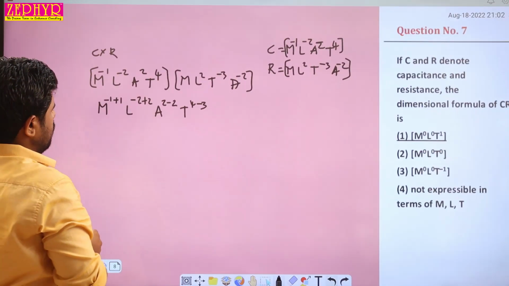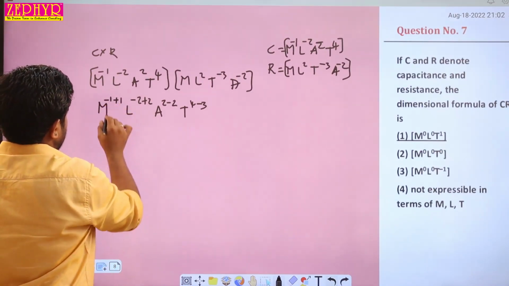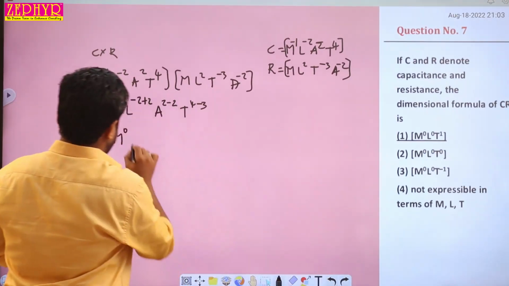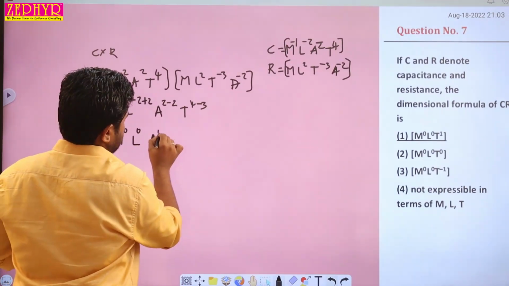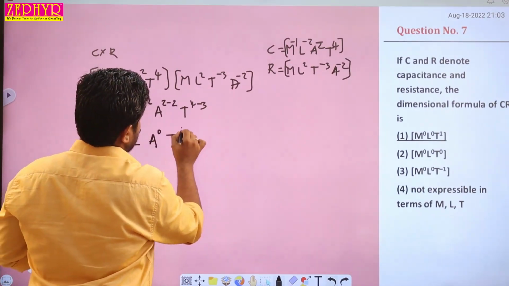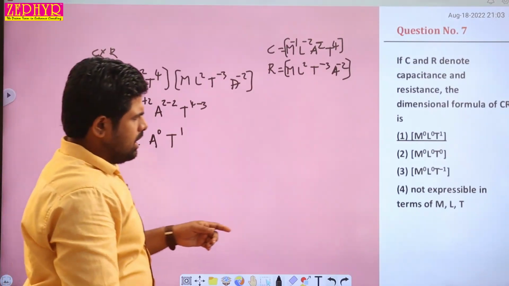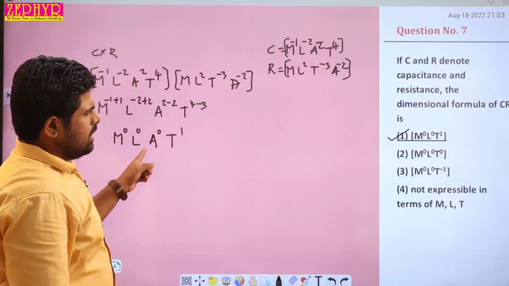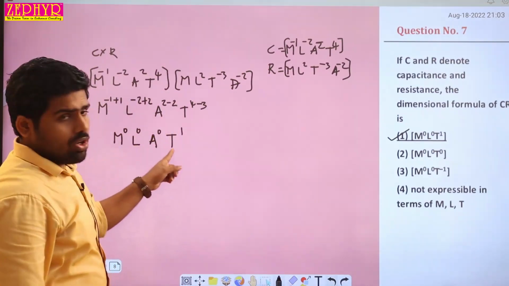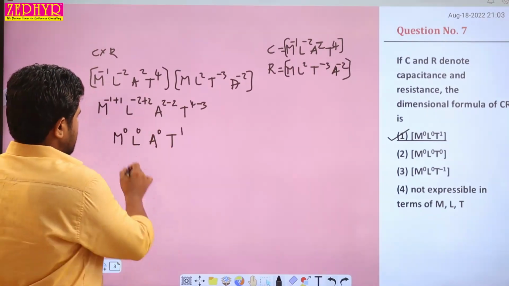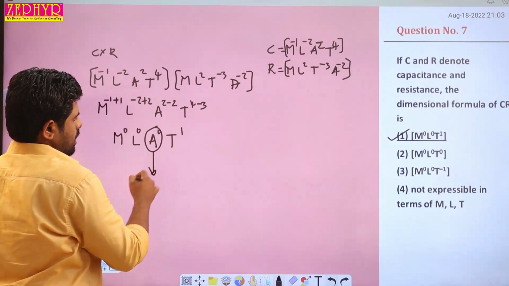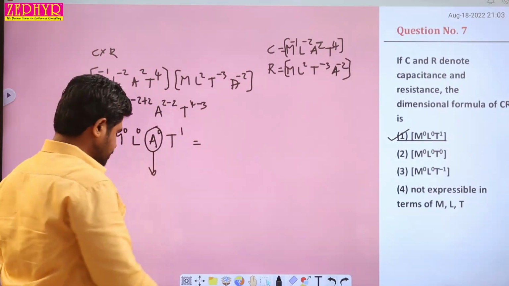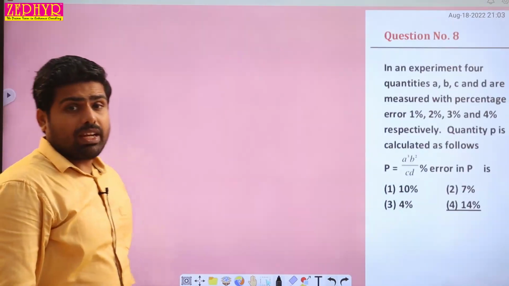So M raised to minus 1 plus 1 is M raised to 0, L raised to 0, A raised to 0, and T raised to 1. Here I avoid the term A raised to 0, so option 1 is the correct one. Then question number 8.